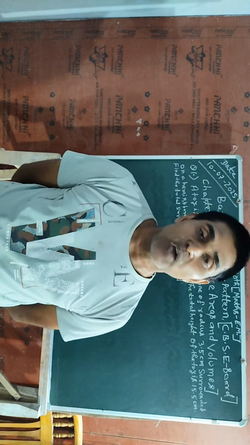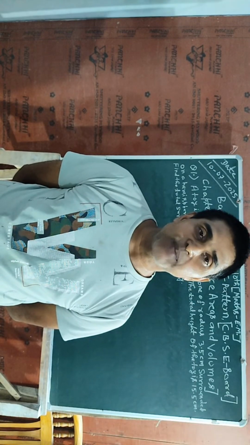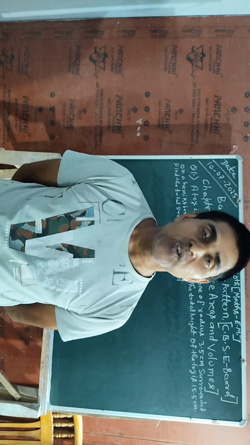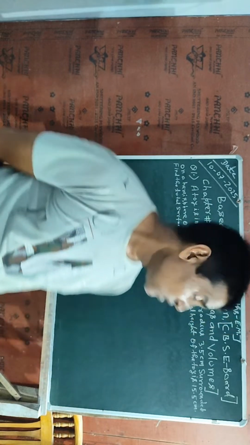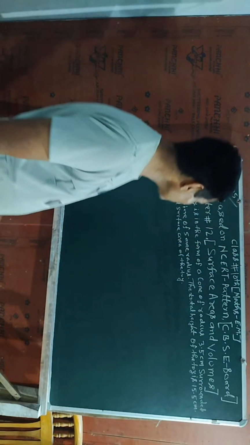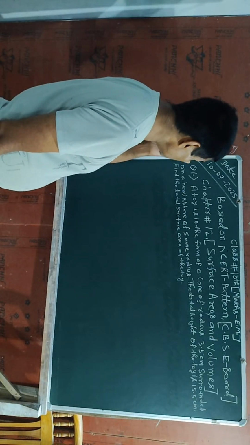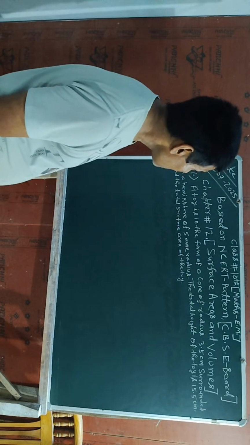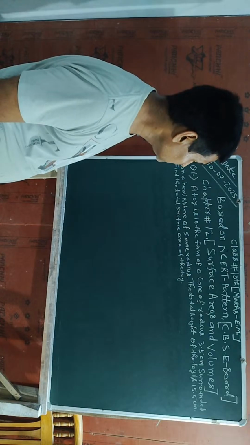Okay, now here I have written one question, and the application of surface area and volume I will use in this question to find the answer. Now here I am going to explain about the class and also the medium of the math. Here I am taking English medium.